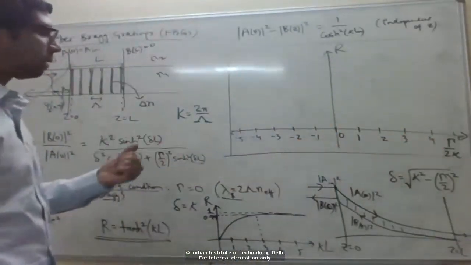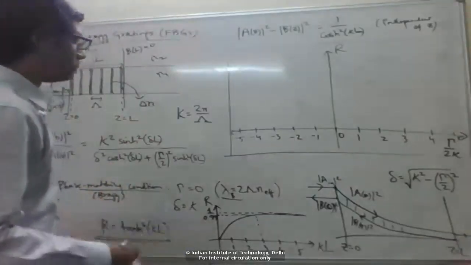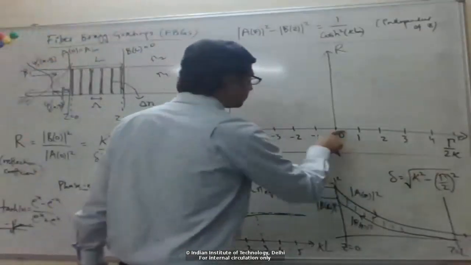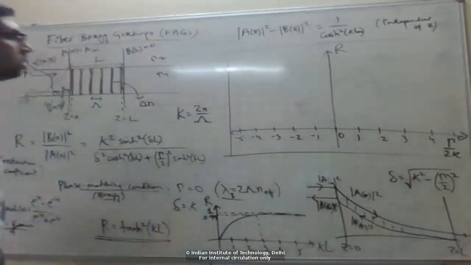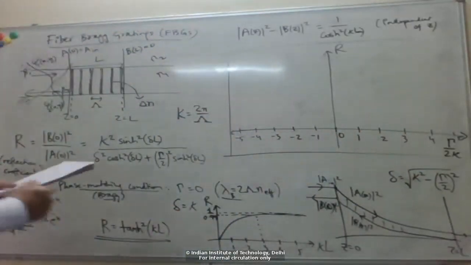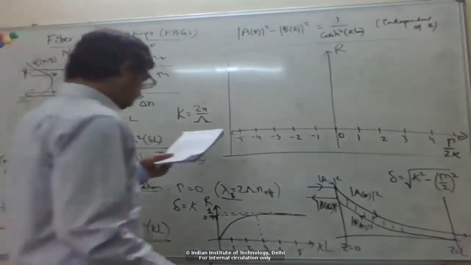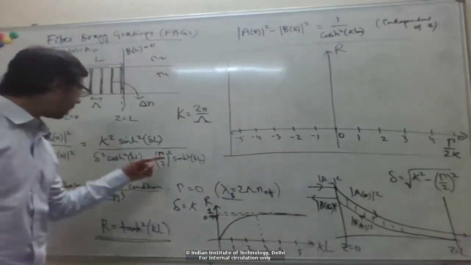It's basically 2 beta minus kappa, and beta is basically 1 over wavelength. So when we decrease wavelength, beta increases and gamma increases. So this is decreasing wavelength and this is increasing wavelength. We get different curves for different values of this kappa L.